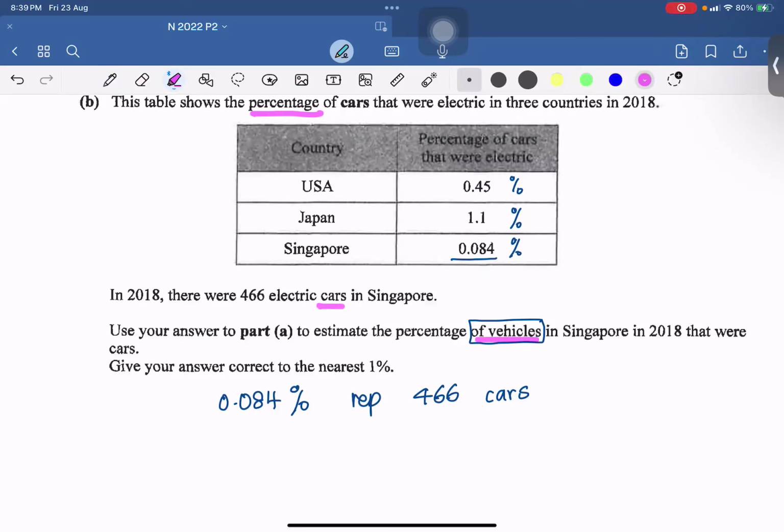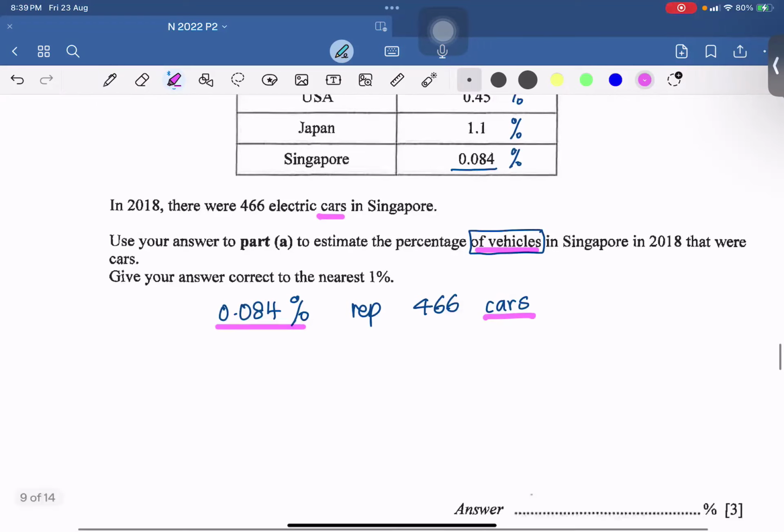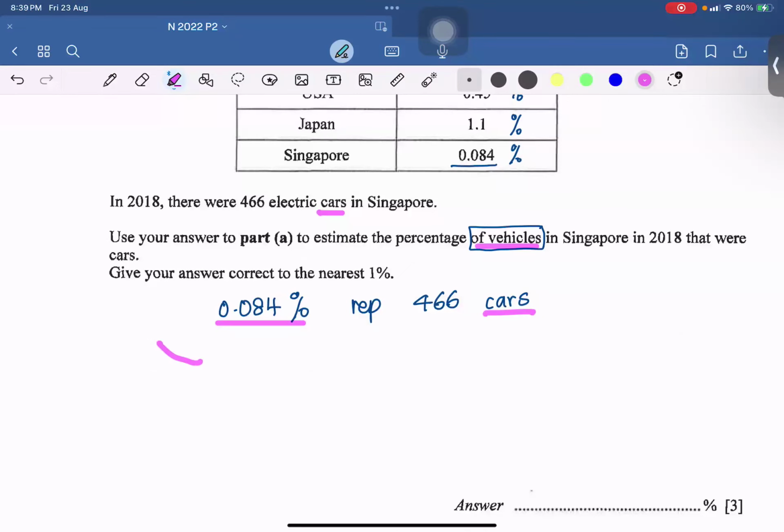So I have 0.084% is 466 cars. From here, what am I going to find first? I'm going to find 100% to represent how many cars in total.